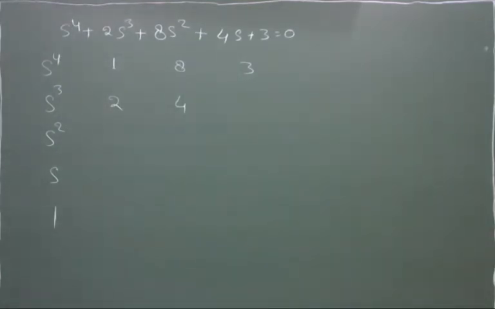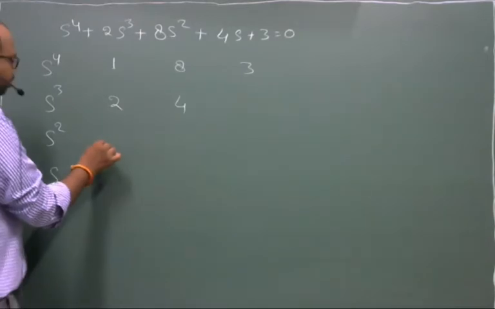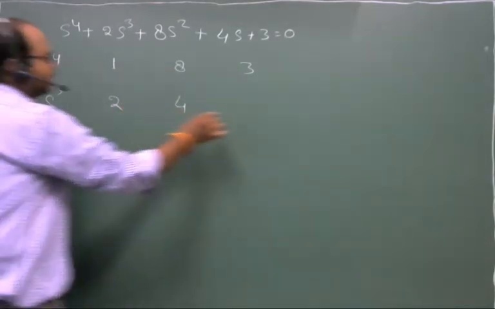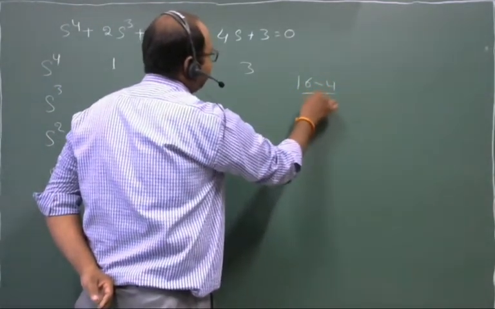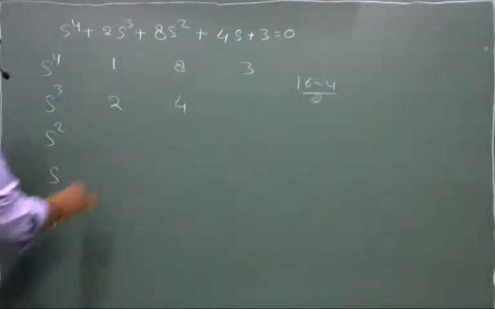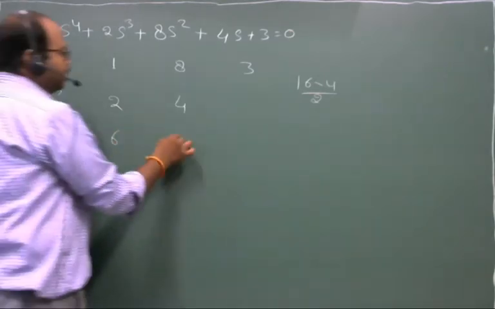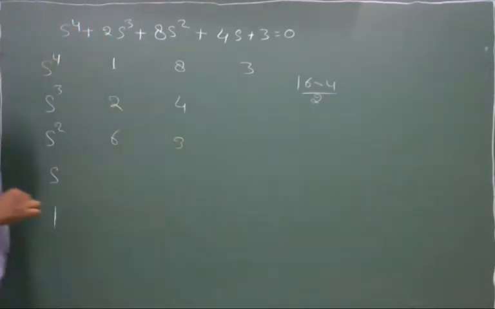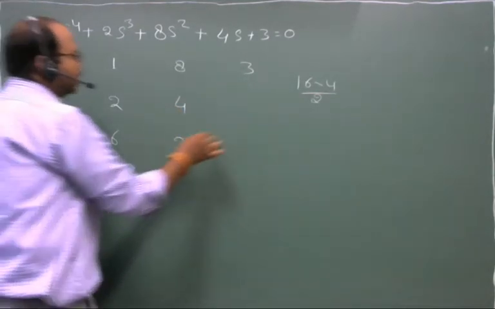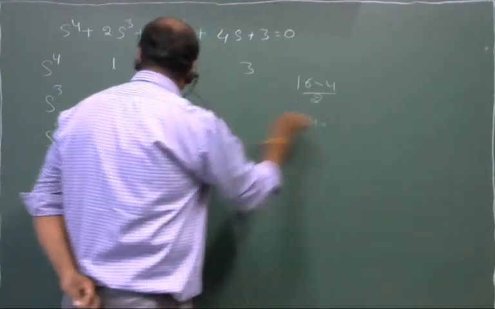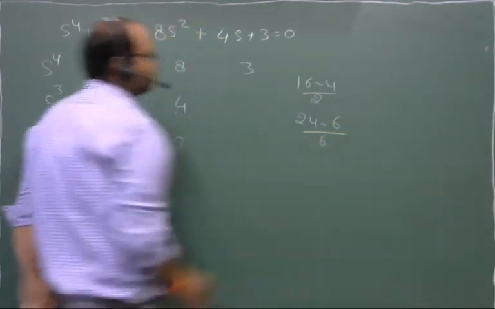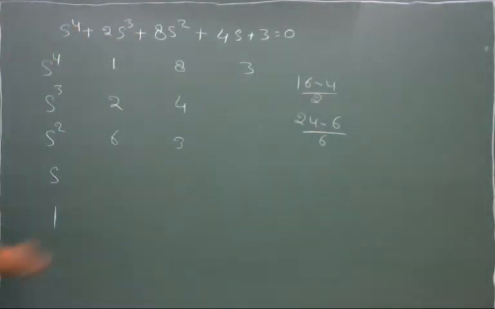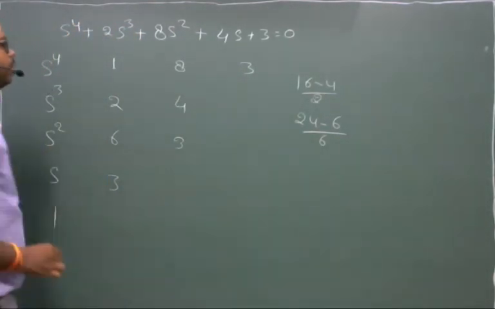Now what will be the value here? 8 into 2, 16, minus 4, divided by 2. So 12 by 2 means 6, and here 3. Next value: 6 into 4, 24, minus 3 into 2, 6, divided by 6. 18 by 6, 3, right?